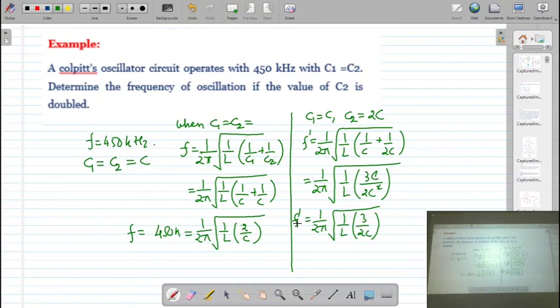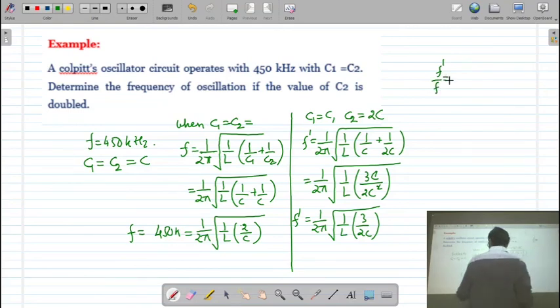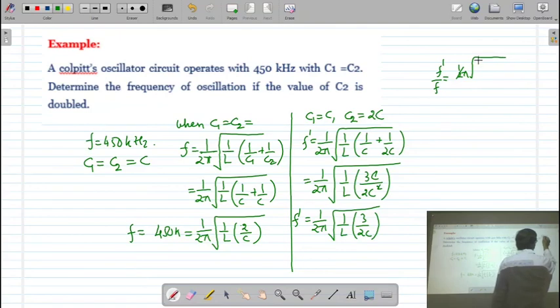Now how will you proceed? You can take the ratio of f dash by f. So f dash by f is 1 upon 2 pi under root of 1 upon L into 2 by C divided by 1 upon 2 pi under root of 1 upon L into 3 by 2C.